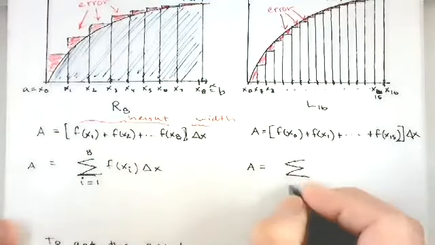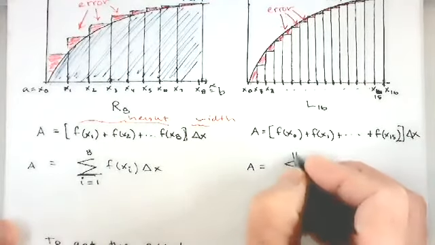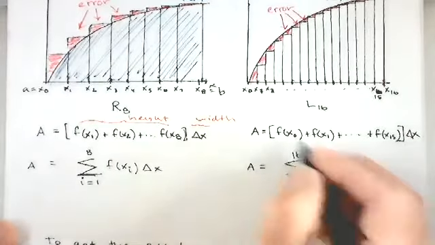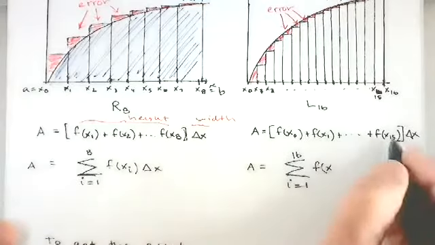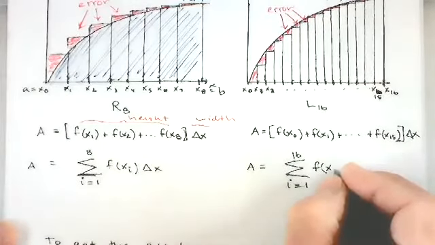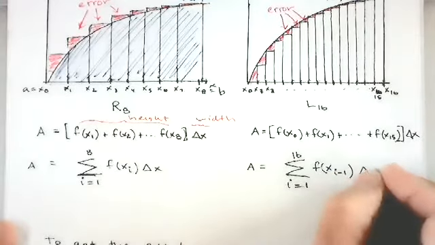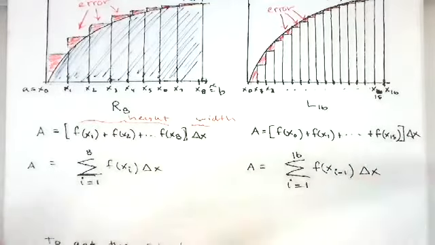So there is a slight difference in that when you use left-hand endpoints, you still have 16 rectangles, but where do you start? You don't start at x sub 1 and you don't end at x sub 16. You start at 0 and end at 15. So if you think about it, it's f of x sub i minus 1 times delta x. When you get to 16, that's going to be x sub 15.